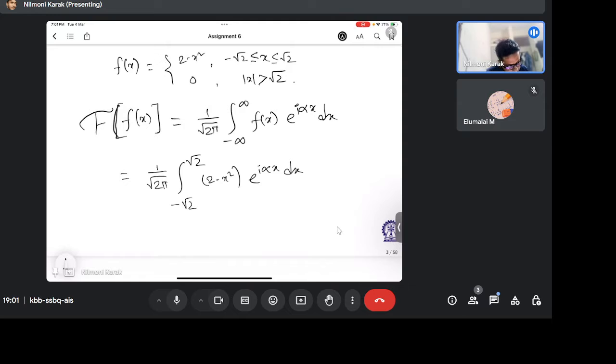So now what will you do? You will use integration by parts to integrate this. 2 minus x square is the first function and e to the power i alpha x is the second function.